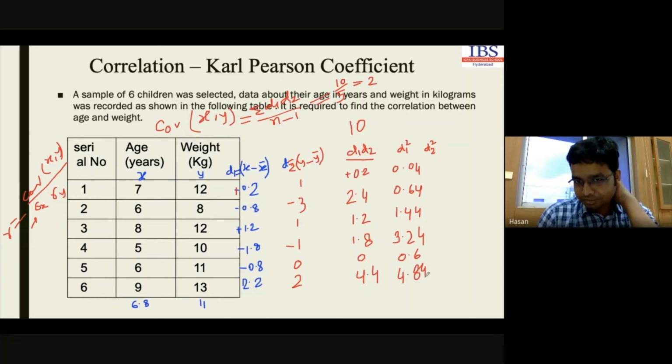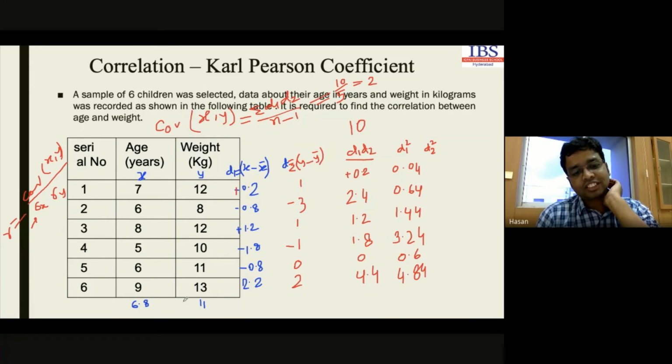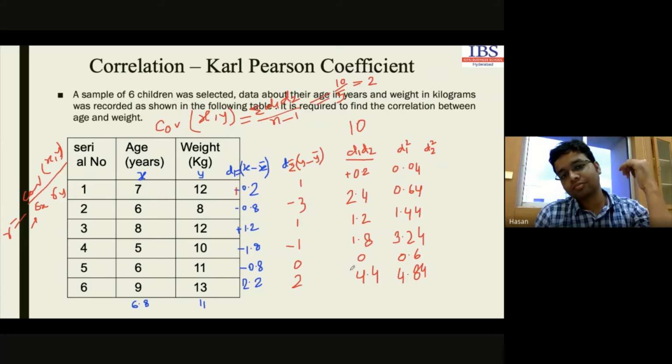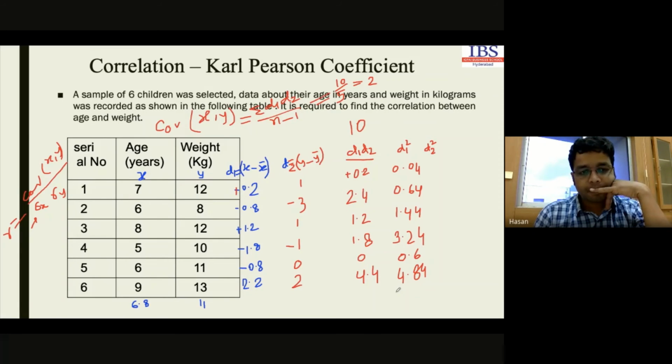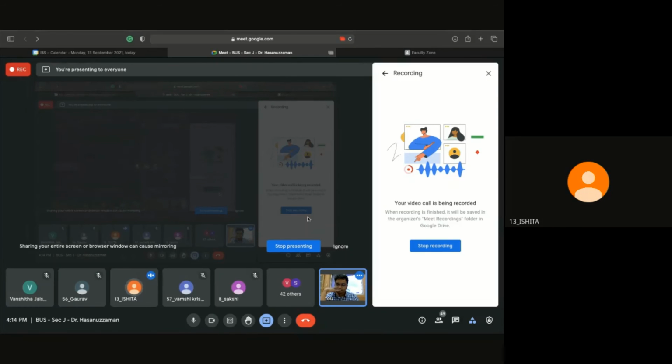Then what next? D2 square and then total. So first calculate the sigma x. What will be the value for sigma x here? Sir, 10.8.